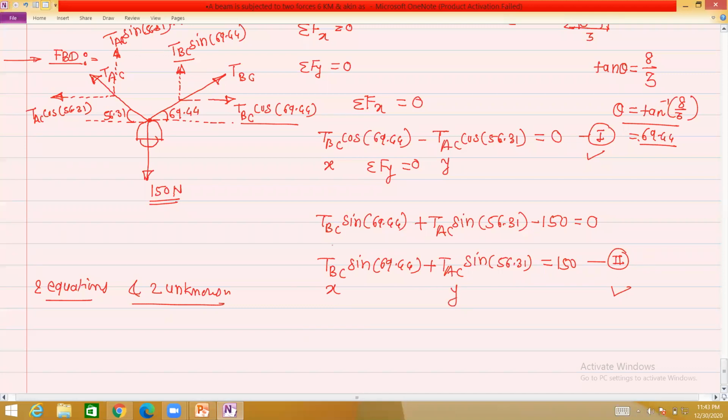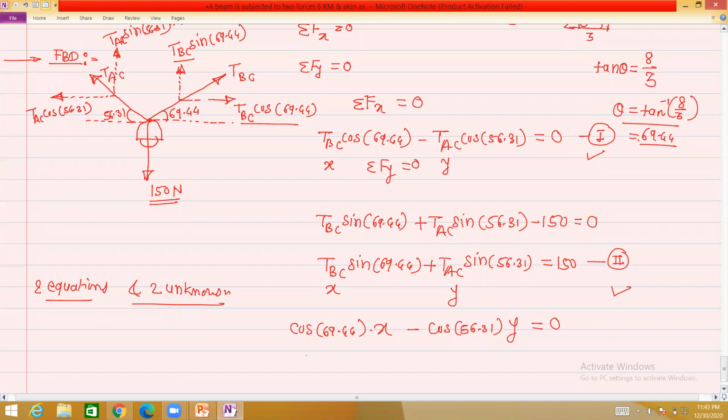So we can convert the equations as: cos 69.44 into x minus cos 56.31 into y equal to 0.